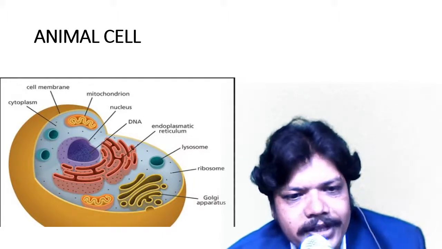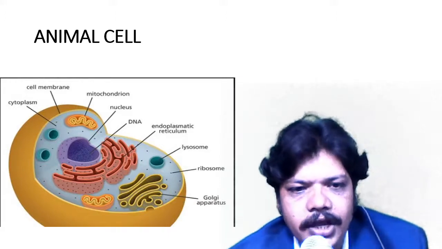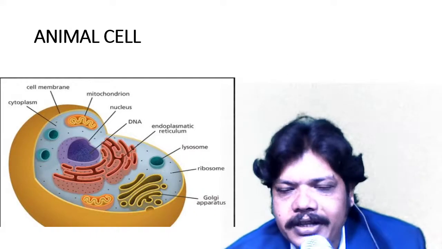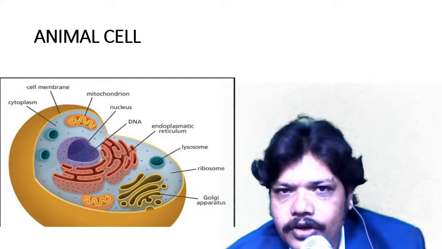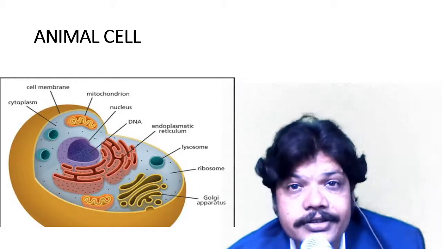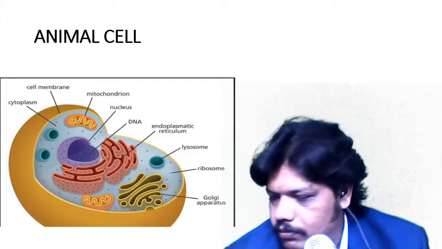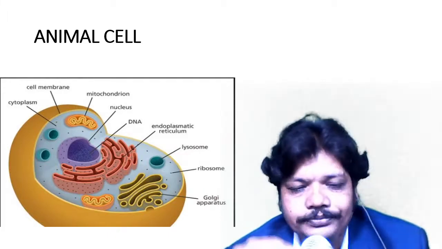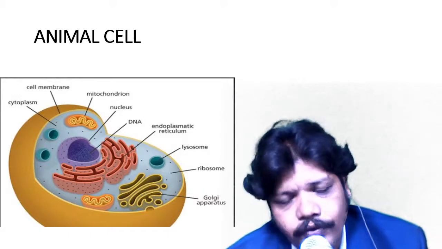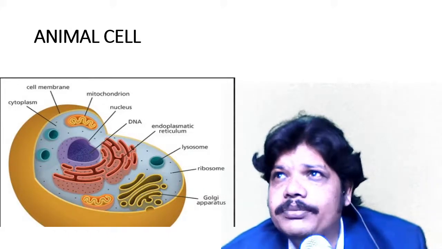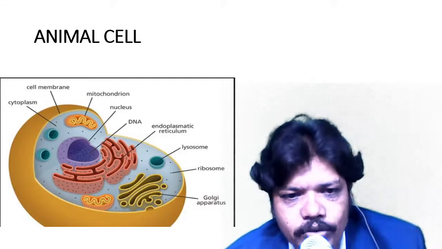Next is the endoplasmic reticulum. There are two types of endoplasmic reticulum: one is the rough endoplasmic reticulum and the second is the smooth endoplasmic reticulum.